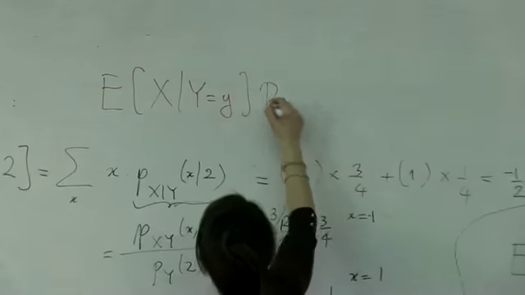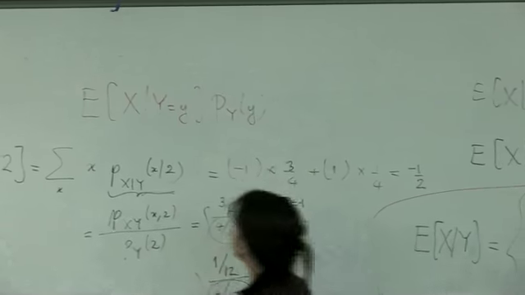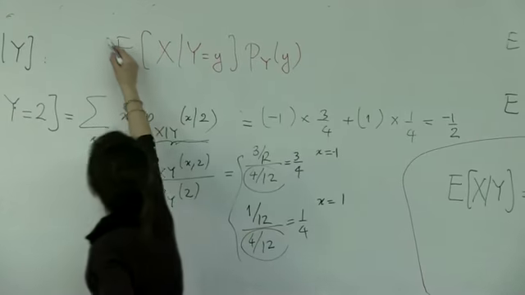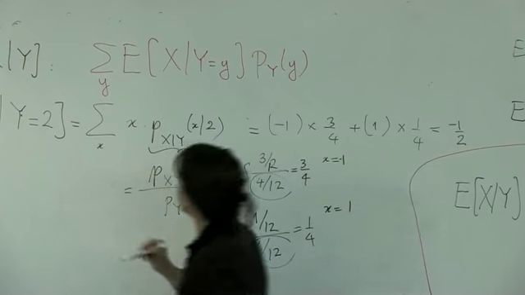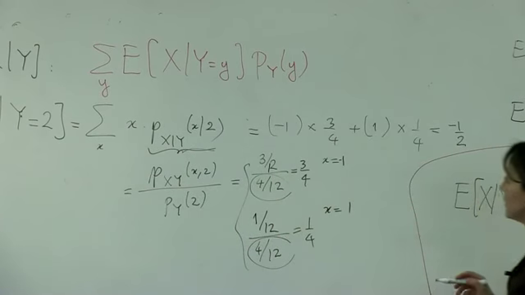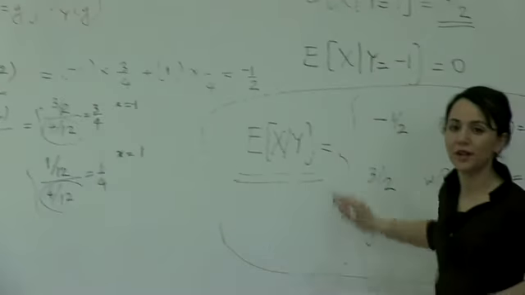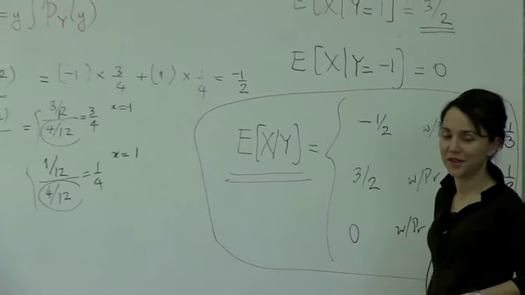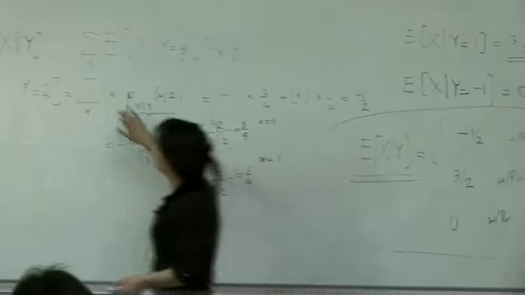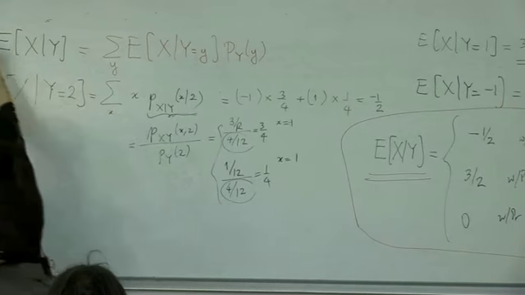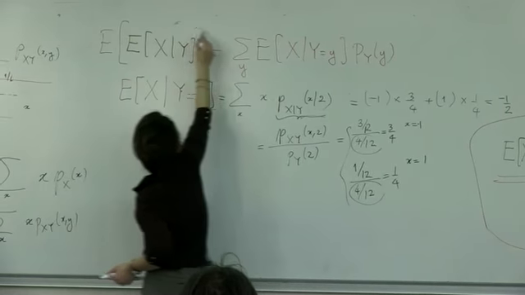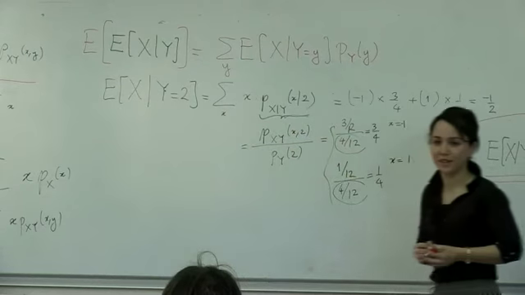Expectation of x given y equals y times py of y summed over all y. That is the expectation of this random variable. Okay? So that is nothing but the expected value of the expected value of x given y.